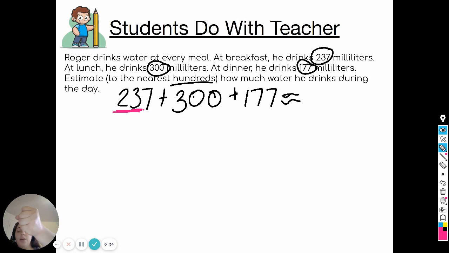So rounding to the nearest hundreds, holding your balloon. Start at 200. Ready? 200, 210, 220, 230. Okay? And if we go to 240, we know that 237 is somewhere in between those two numbers, but we're still holding our balloon. Which means we round down because the balloon stays down. So we're going to round down to that 200 that we started at.